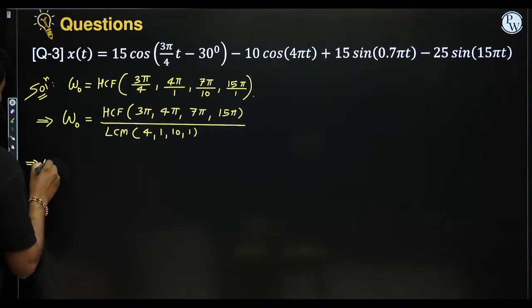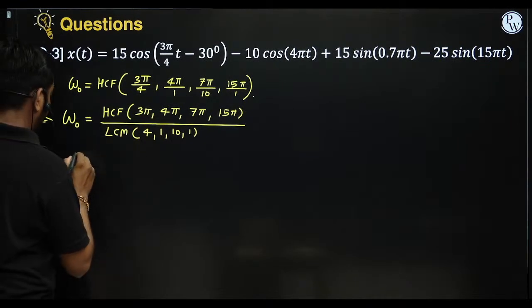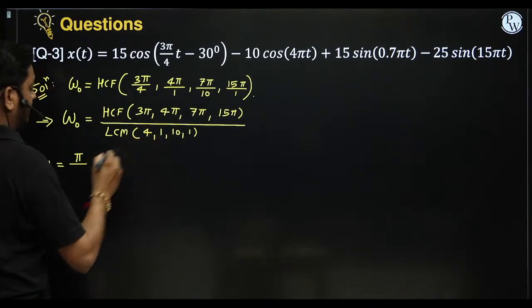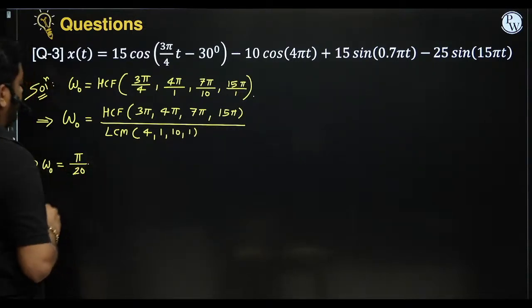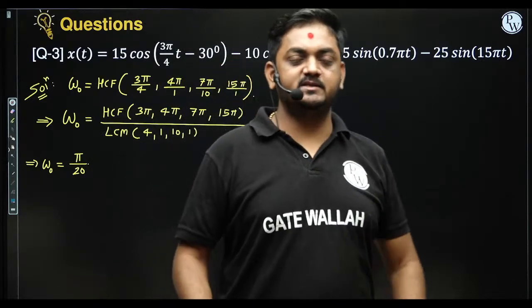The HCF of the numerators is pi, and the LCM is 20. So pi by 20 is the fundamental frequency. Got it? Pi by 20 is the fundamental frequency.